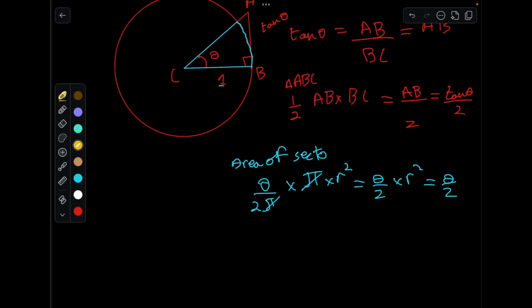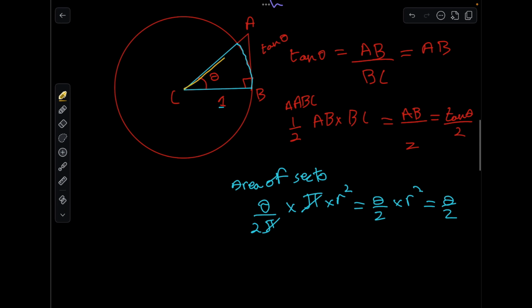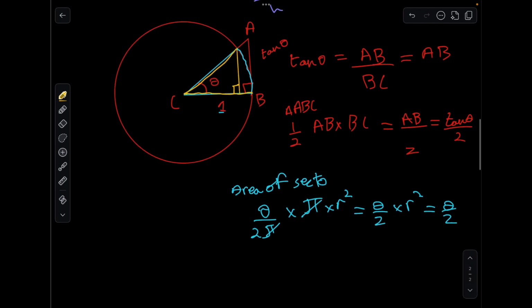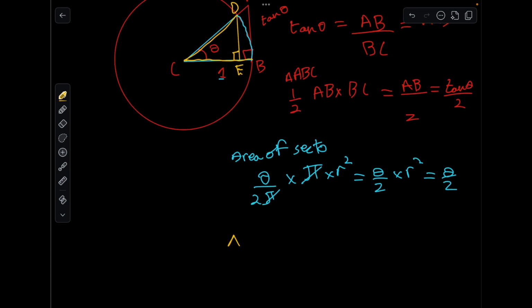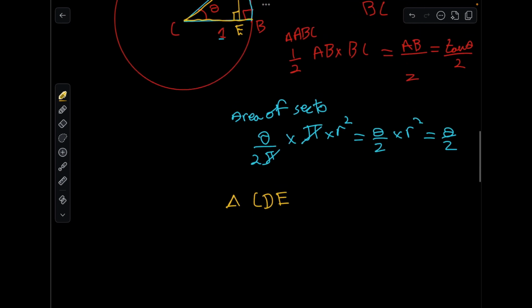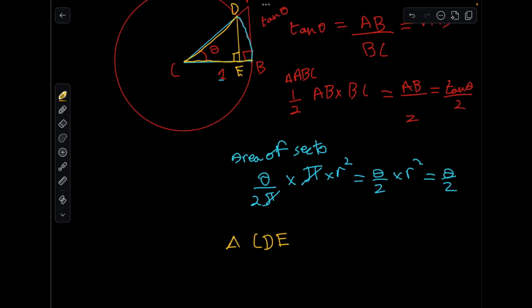Now let's talk about this triangle. This is perpendicular, and this point is D and this is E. So for triangle CDE, we know that this length is 1 because it's the radius, not this one.